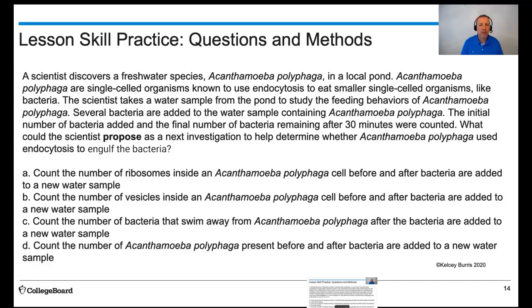The scientist takes a water sample from the pond to study this little organism. Several bacteria are added to the water sample. The initial number of bacteria added and the final number remaining after 30 minutes are counted. What could the scientist propose as a next investigation to determine whether this little organism used endocytosis to engulf the bacteria?